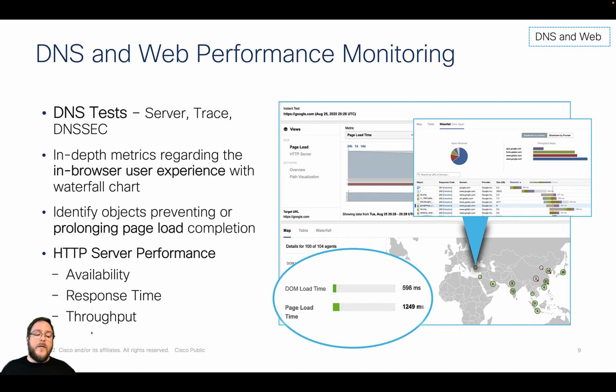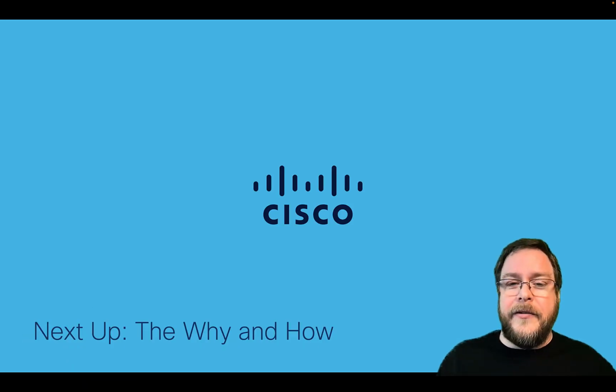So we look at availability, response time, page load time, which is indicative of how complex your page is, and then the throughput, or how fast the network is able to get your web page generated across the network to the user. In the next section, we're going to talk about the why and the how.